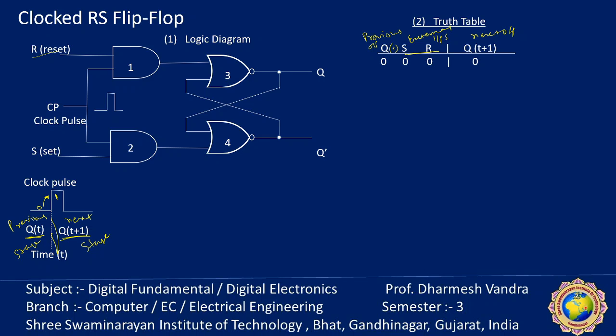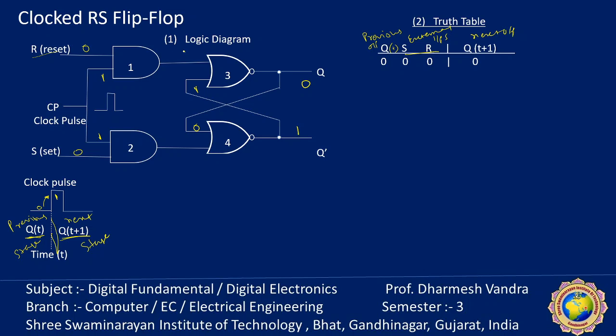So if Q is equal to 0, Q dash is always 1, complements of each other. So here 0, 1. S is equal to 0 and reset is equal to 1, 0. And the clock pulse is changed from 0 to 1. So in this condition, what happens?